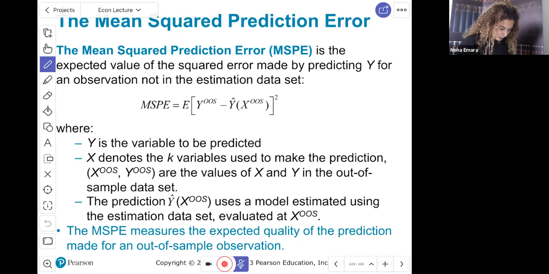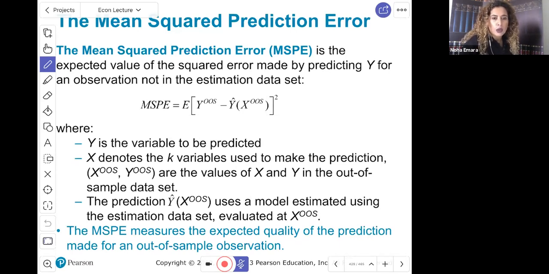So what we have here is, again, every time we're using OLS, we're trying to minimize the sum of the squared mistakes. Now, I can also say it's the mean of the squared error. We have covered that before when we said the root mean squared error is just the square root of what you see here.